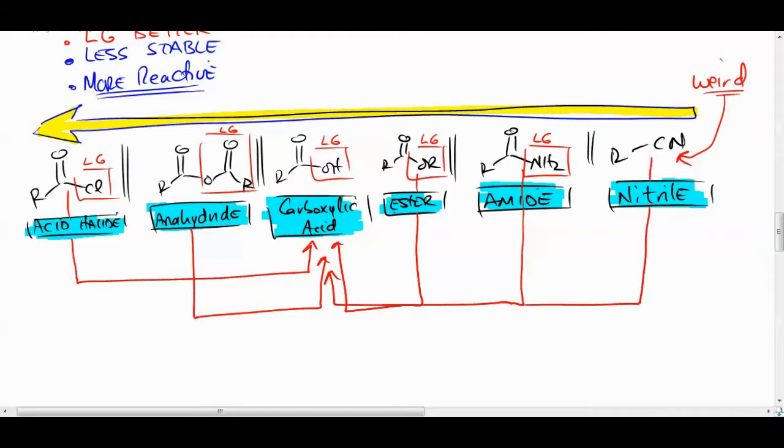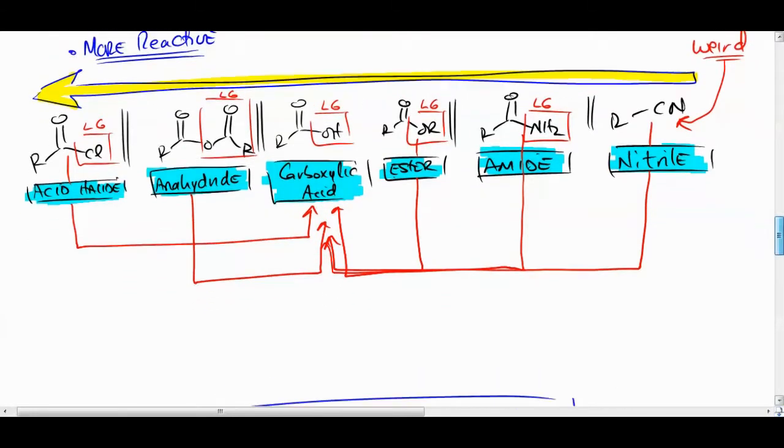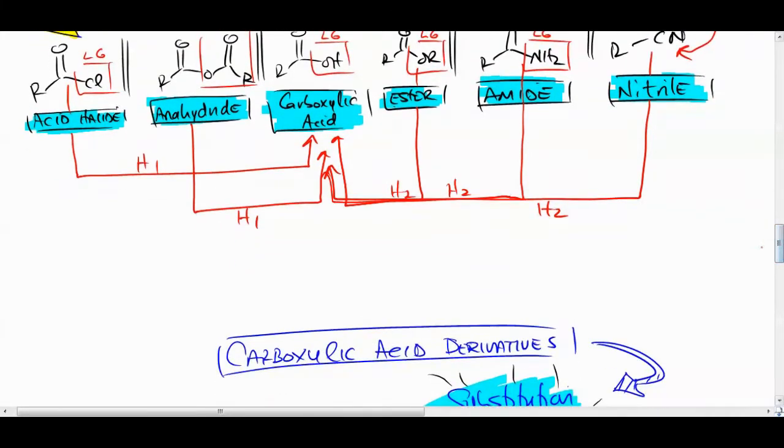So all of these guys can make a carboxylic acid. And do you remember the name of the reaction that produces it? Hydrolysis. That's right. So let's call this H1. Let's call these guys H2s. So we can do a hydrolysis.